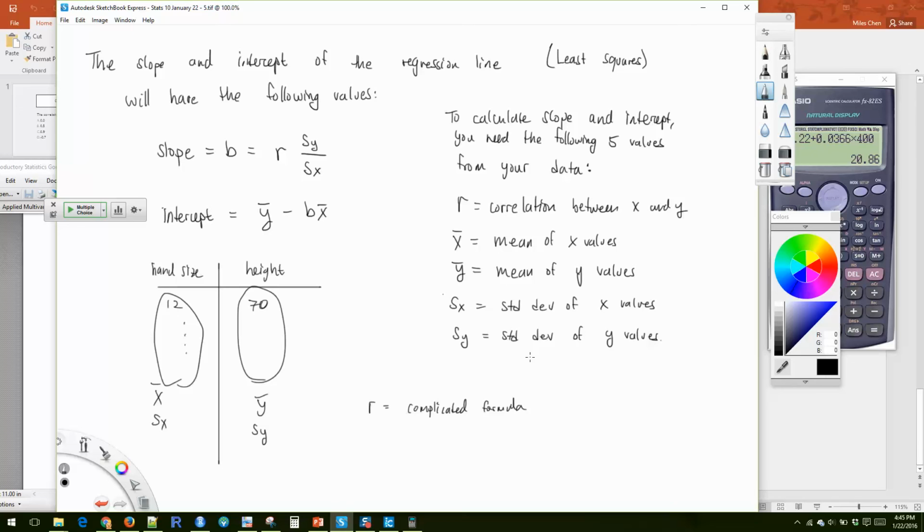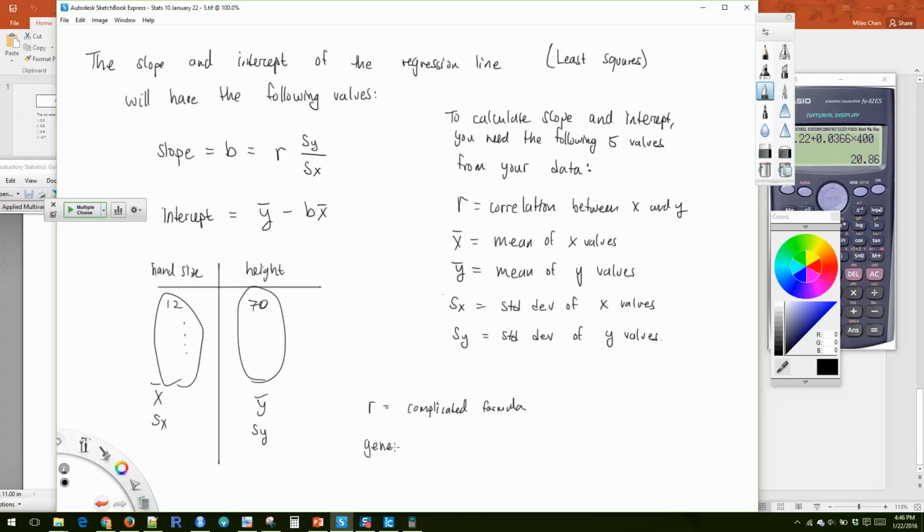But almost always, we just take all of our data points, we throw them at the computer and say, hey, can you do this for me? And the computer says, sure, I'll give you the correlation. And that's how we do it, okay? And often we won't even calculate the slope and intercept ourselves. We just say, hey, computer, can you do the slope and intercept for me as well? And it'll say, sure, okay?